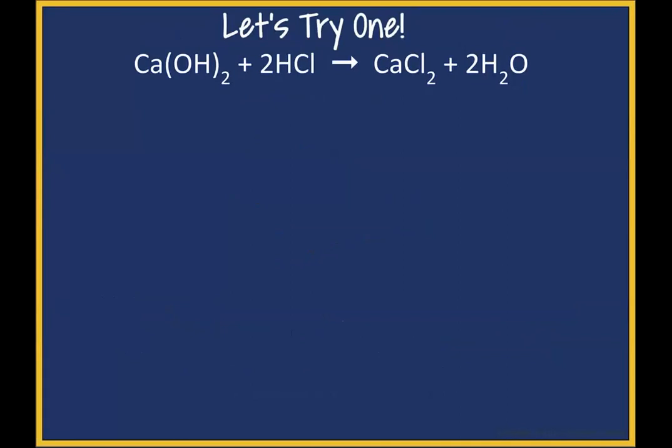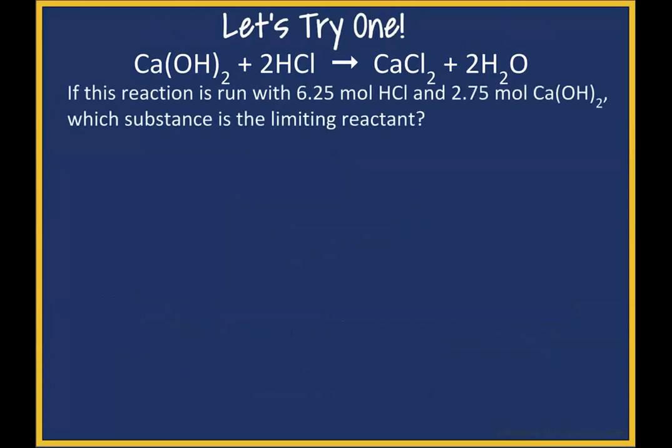So here is the balanced equation, and the question is, if this reaction is run with 6.25 moles of HCl and 2.75 moles of CaOH2, which substance is the limiting reactant? Which one?